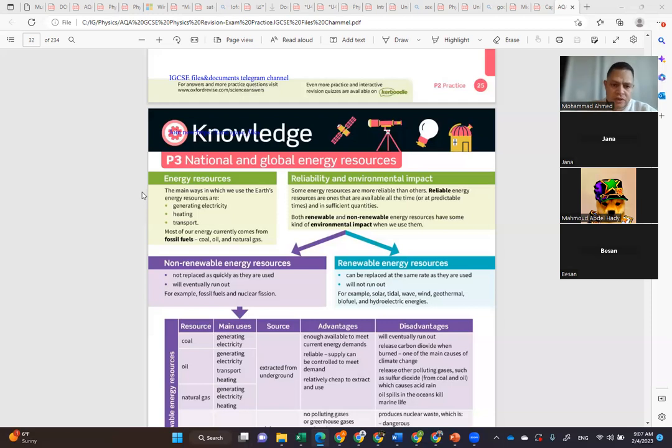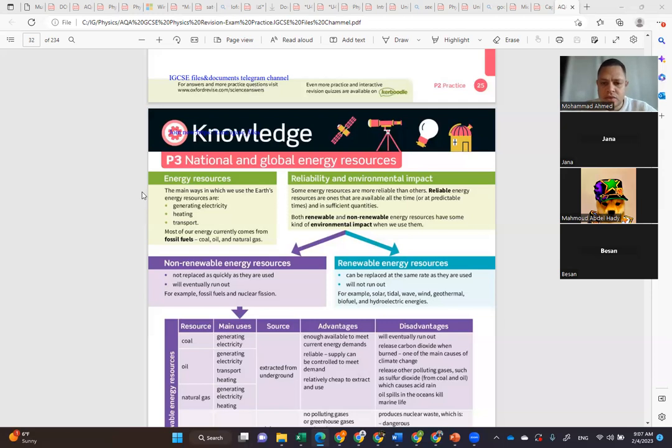or in transportation means. Most of our energy currently comes from fossil fuels like coal, oil, and natural gases. So before taking the different types of energy resources, we have to know the difference between reliability and environmental impact.